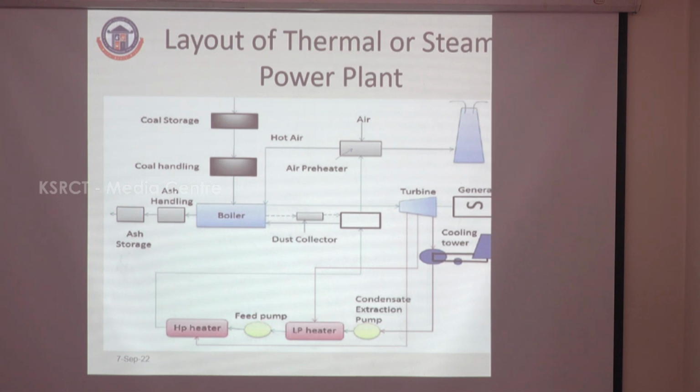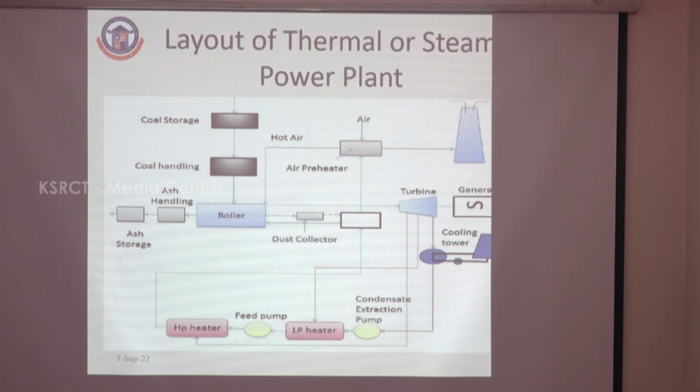The atmospheric air temperature is 27 to 30 degrees C. When the atmospheric air passes through the air preheater, the air is heated and then sent into the boiler, and the air temperature rises to 35 to 40 degrees Celsius.